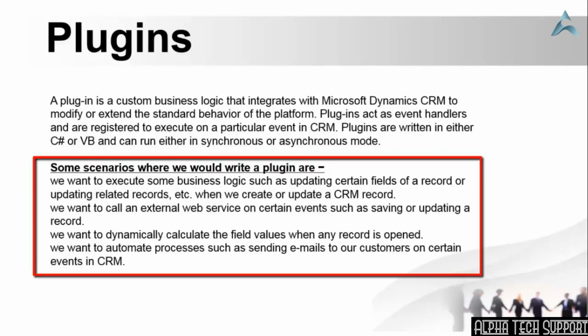If we want to call an external web service on certain events such as saving or updating a record, then we have to go for a plugin. For example, suppose we have to update our records in the employee entity, then we have to use plugins, which will help us to update only certain fields which we desire.